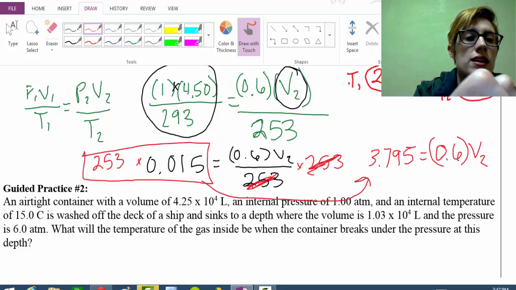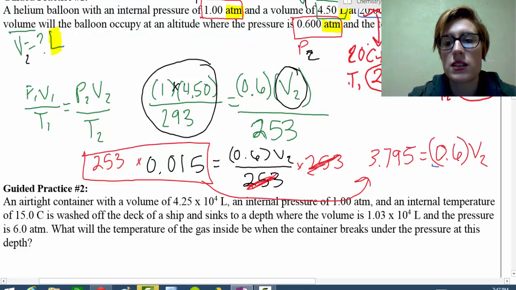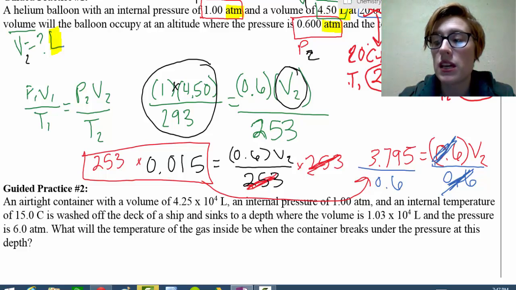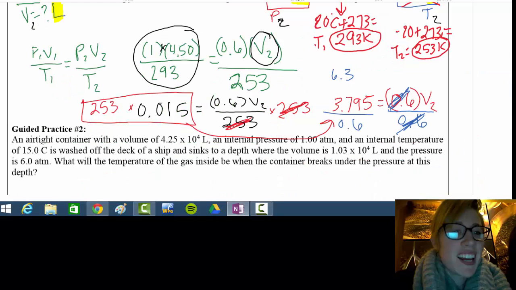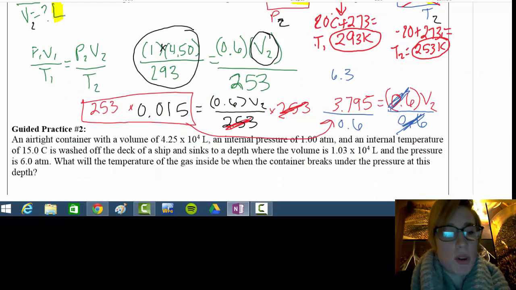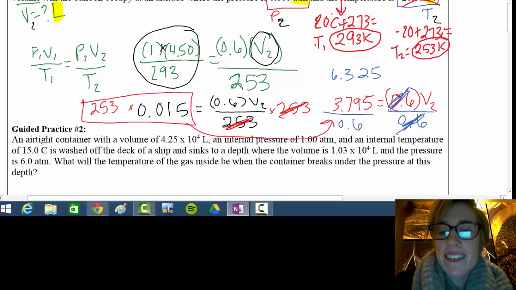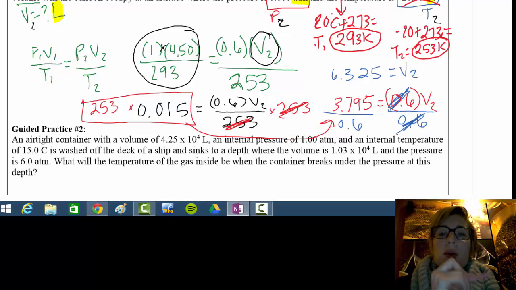Now let's get rid of that 0.6. We don't want that on that side, so I'm going to divide by 0.6. See how that's canceled out? Whatever you do to one side, you have to do to the other side. So I'm taking that 3.795 and dividing it by 0.6. The answer is 6.3225 equals V2.